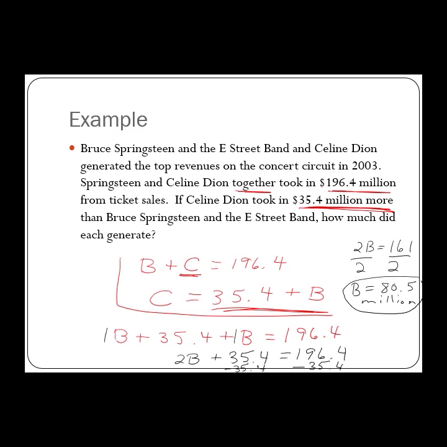Did that answer the question? It says how much did each generate, so I also have to say how much Celine did. She did 35.4 plus the 80.5 because she made more than Bruce Springsteen. So hers is 115.9 million.